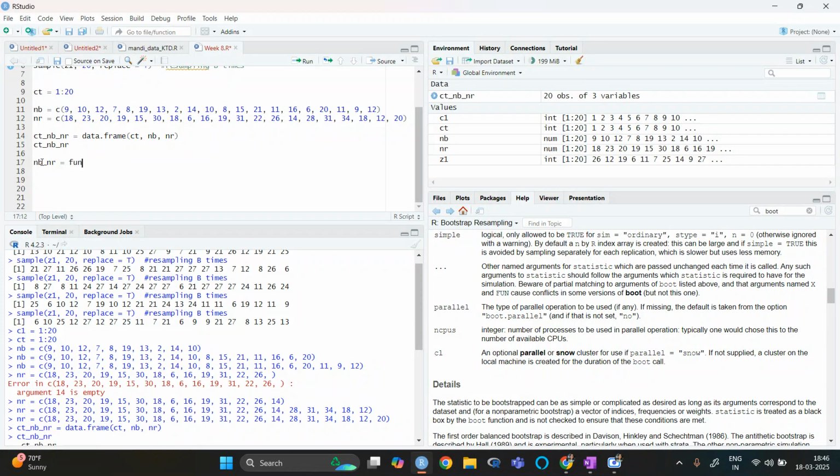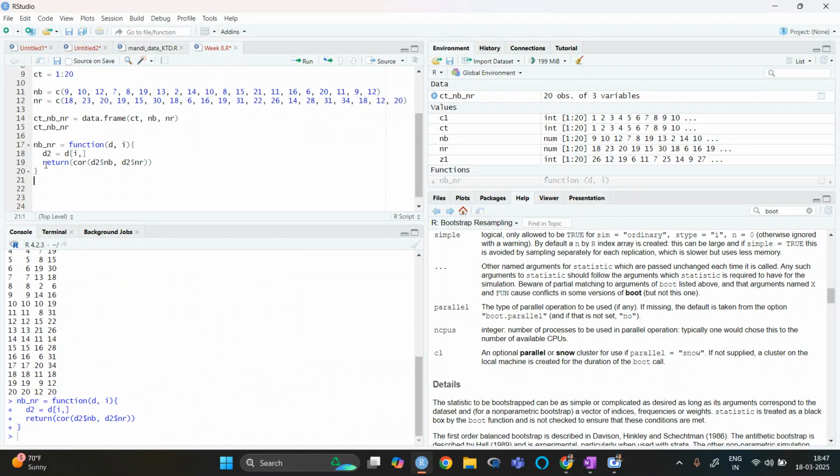The function we are defining takes d and i, and the function takes d2 as d, and returns the correlation of d2, the correlation between NB and NR, right? So we have made this function.